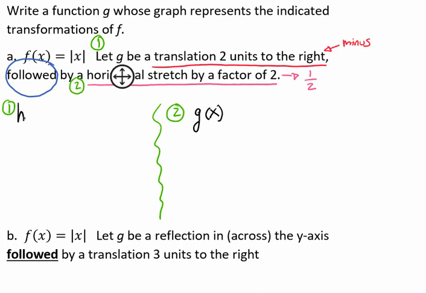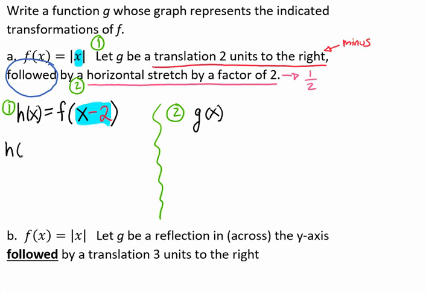So we're going to say that h of x equals our f of x with the translation 2 units to the right. And from what we just saw, that means that we're going to have f of x minus 2, which means that when we're plugging that into our equation, x minus 2 is going to go into the x's spot. So let's plug that in.